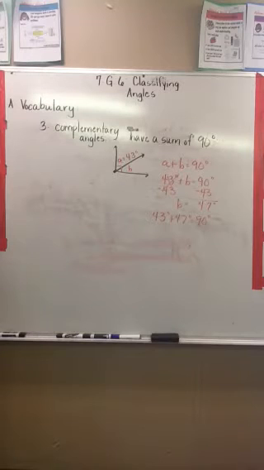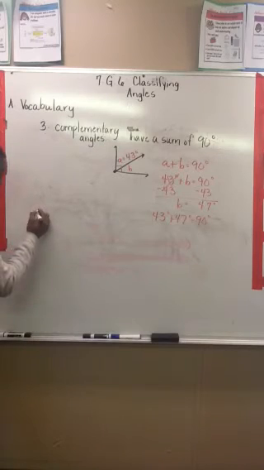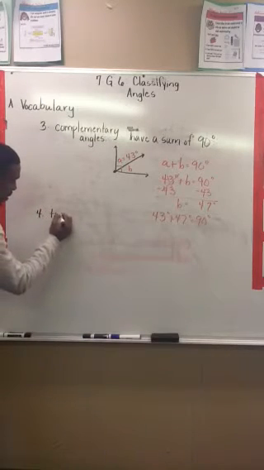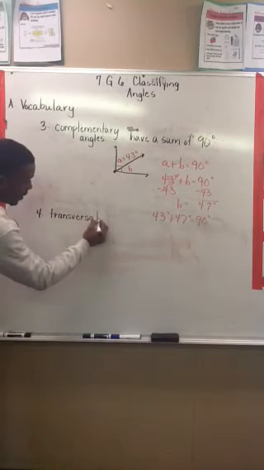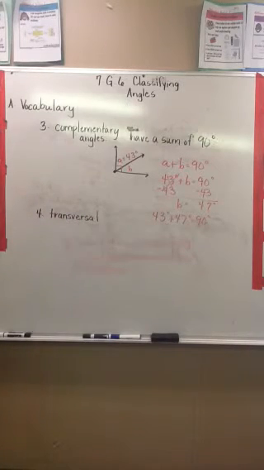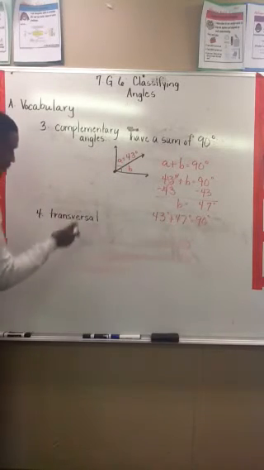One more word. It's transversal. Okay? And a transversal is a line that intersects an angle.